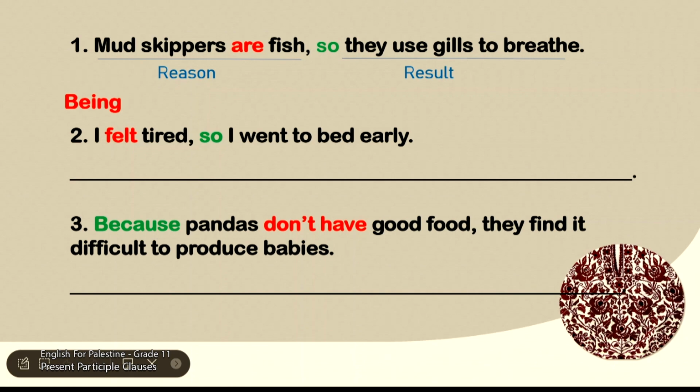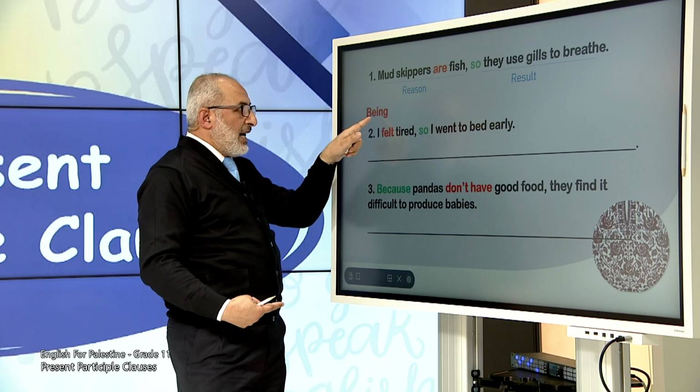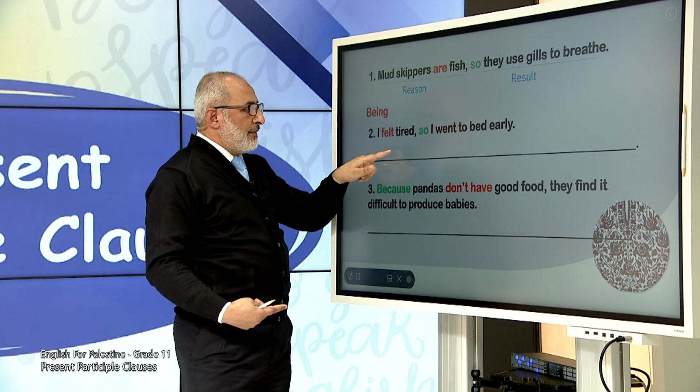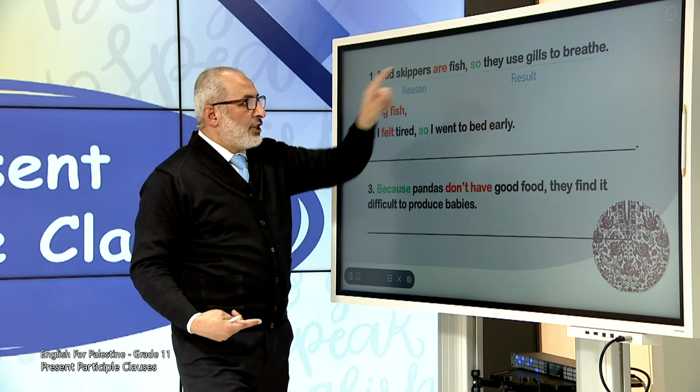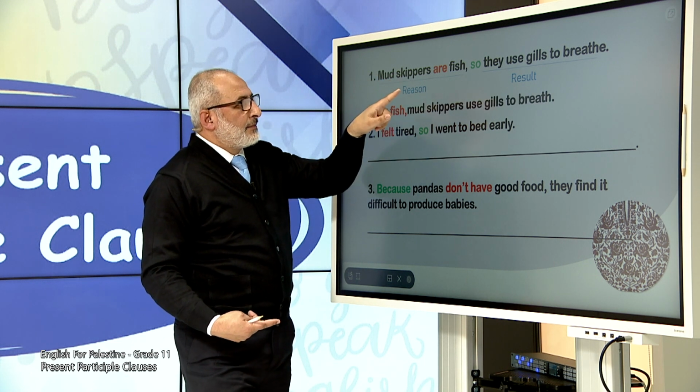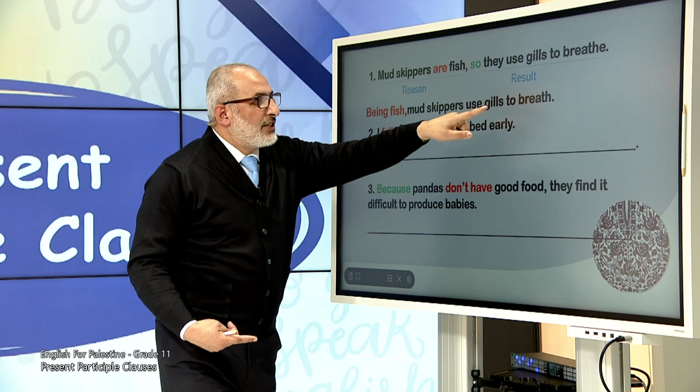This is the verb. We make it to ing form. Being fish, mud skippers use gills to breathe.